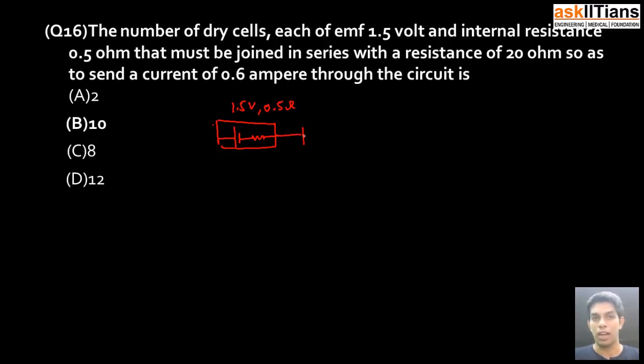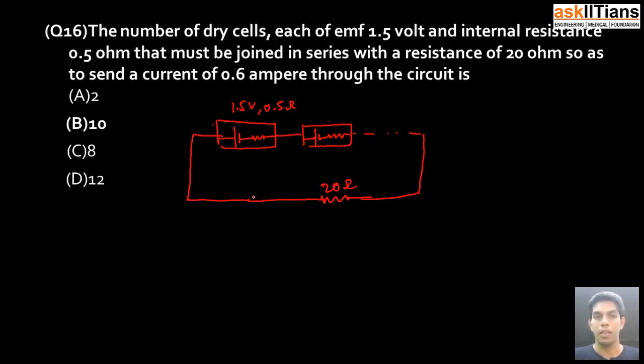I need to connect a particular number of cells such that I have a current of 0.6 ampere in the circuit, where this is 20 ohm. So let's say I have n cells. I need to find the value of n.